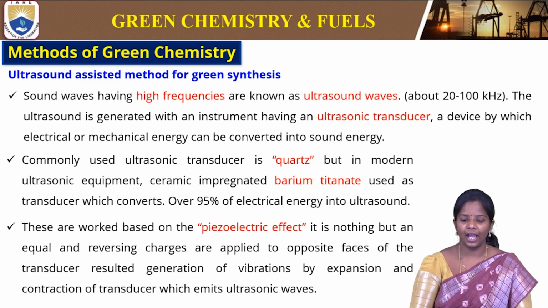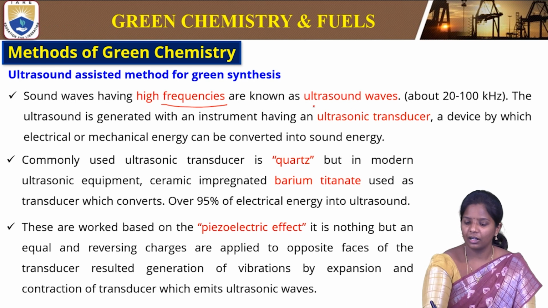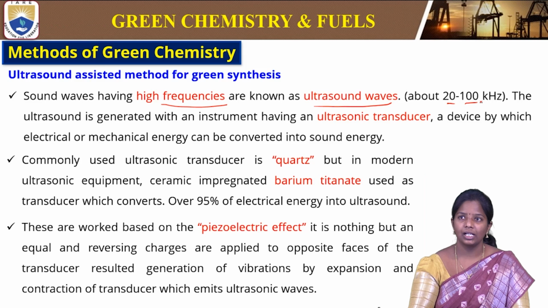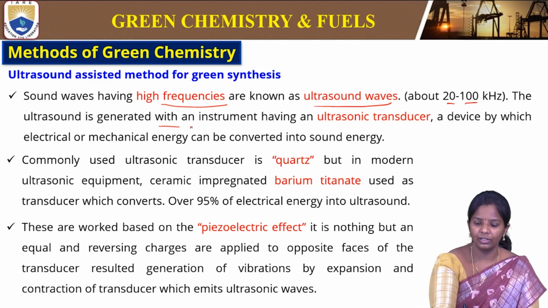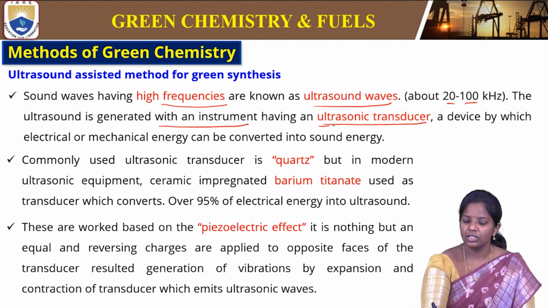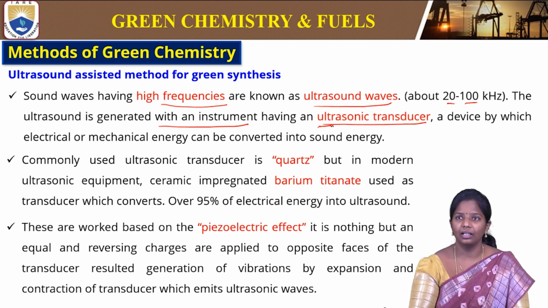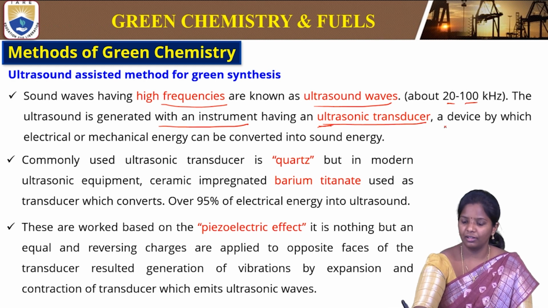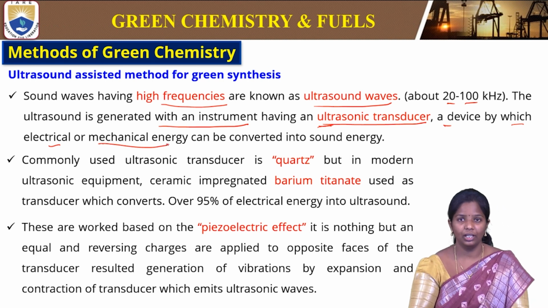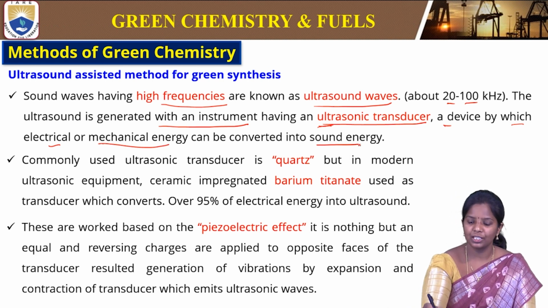The sound waves having high frequencies are known as ultrasound waves. Whenever sound waves have higher frequencies, they are called ultrasound waves, about 20 to 100 kilohertz. The ultrasound is generated with an instrument having an ultrasonic transducer. This is the instrument that they use for generating ultrasound waves. It is a device by which electrical or mechanical energy can be converted into sound energy.